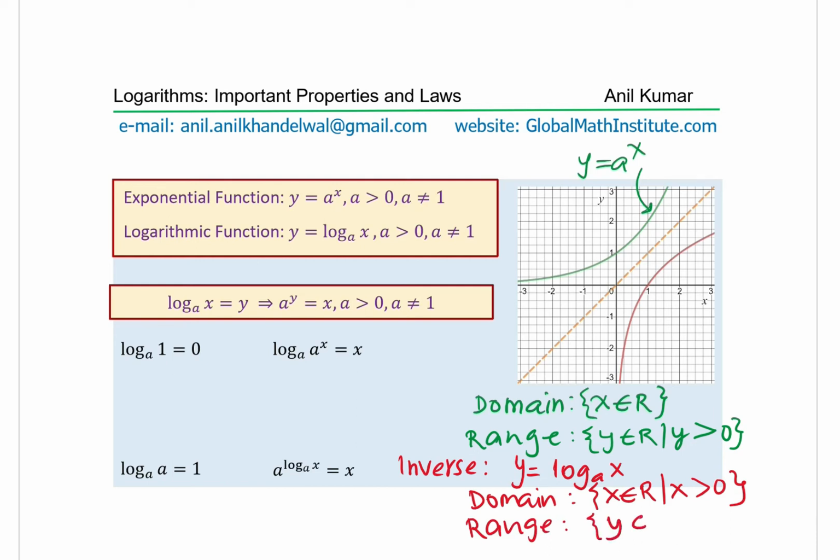So it will be y belongs to real numbers, as you can clearly see in the graph which has been reflected on the line y equals x. So we get the graph y equals log to the base a of x.